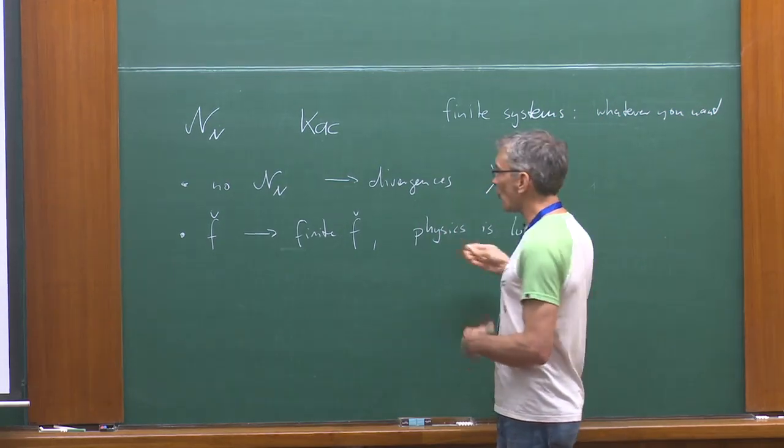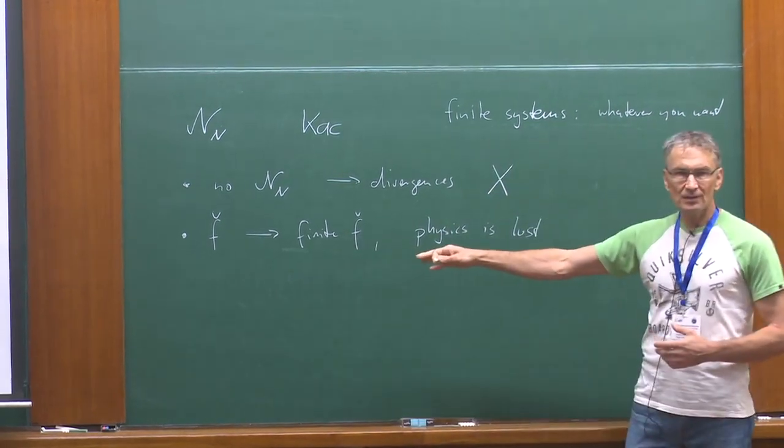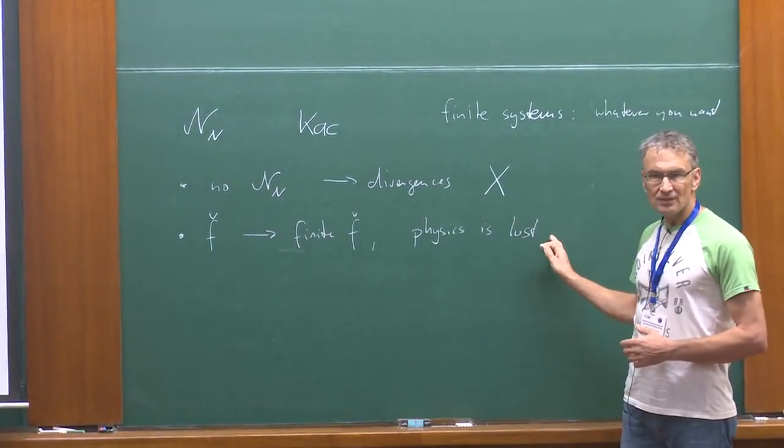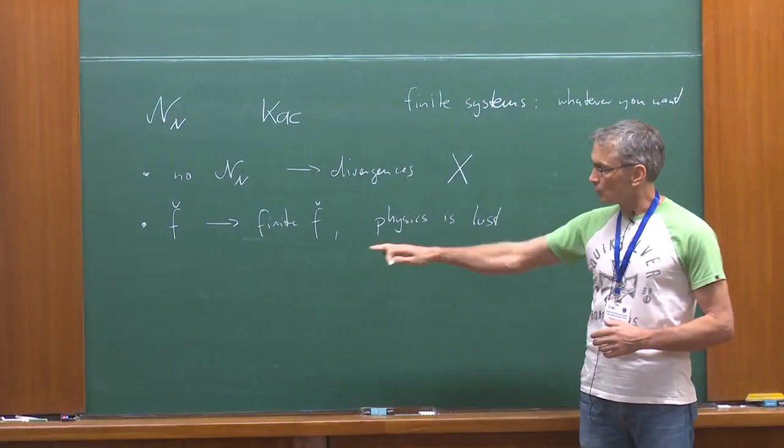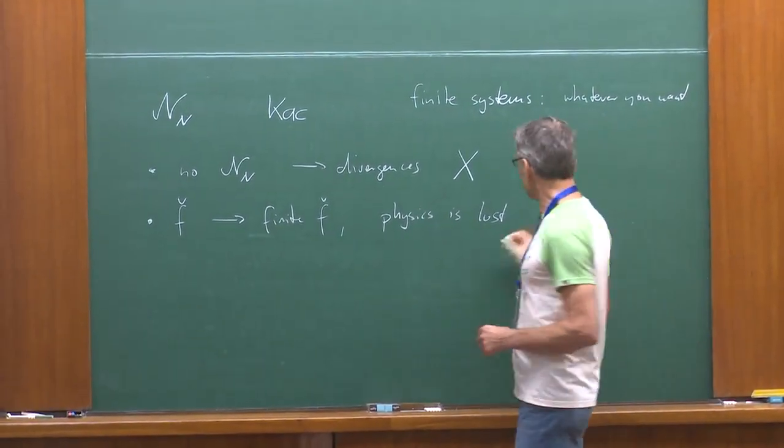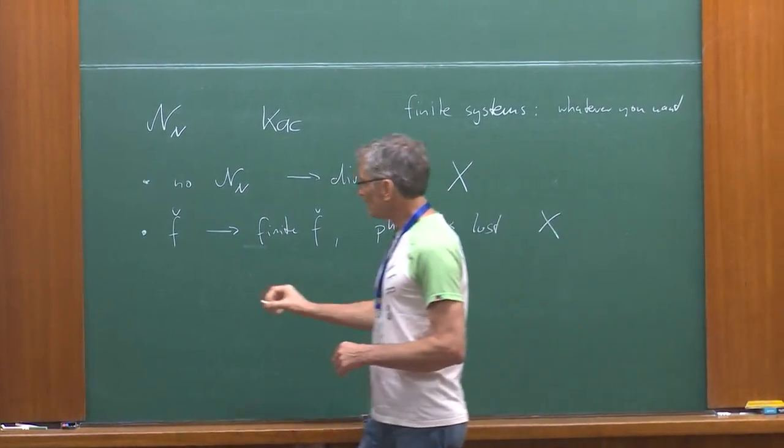So there is no formal problem here in terms of divergences, but we get less interesting results, and I'll comment in a minute in what sense the other ones are more interesting. So this is also not a great idea, and I don't recommend it.